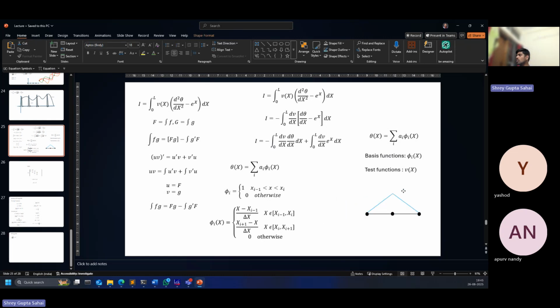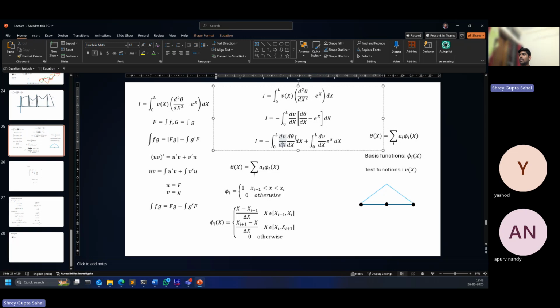Now, this hat function comes from this idea. Maybe the inspiration came from the fact that if we can form our theta by a function similar to what we would use for our weighting, that could be one inspiration for getting this shape function.